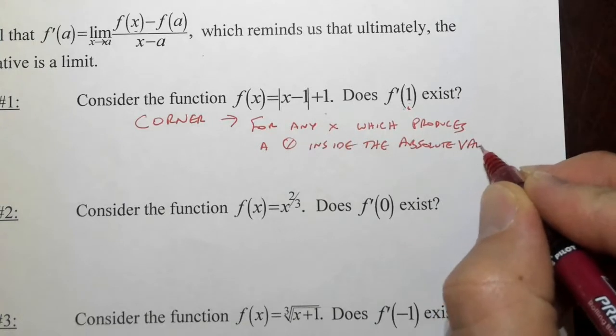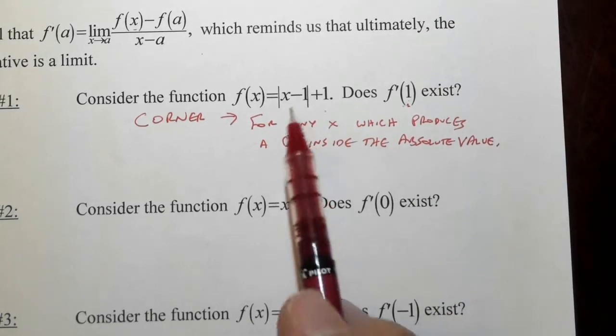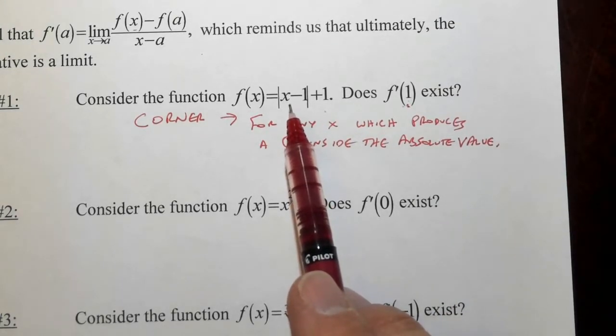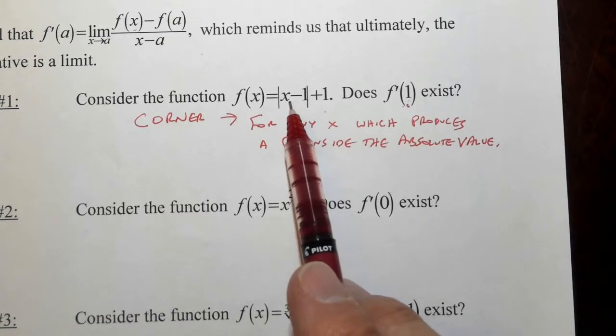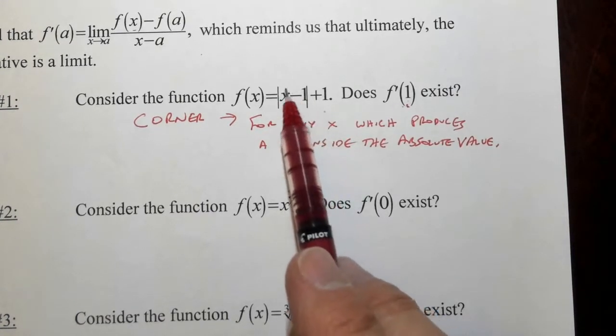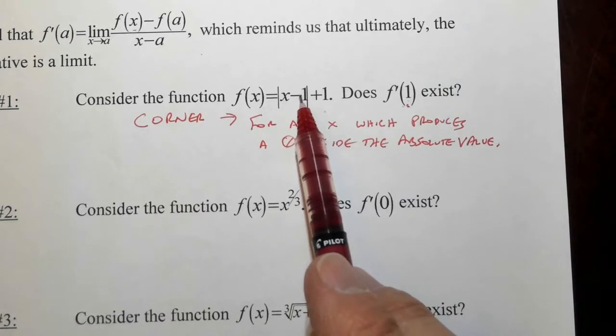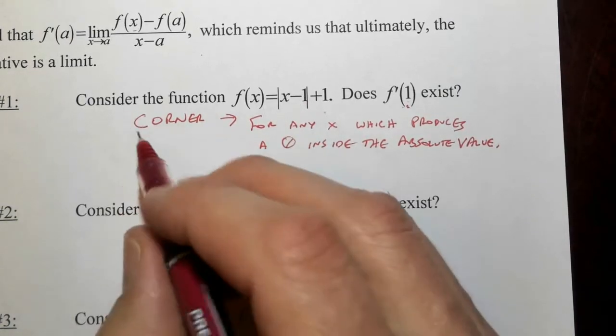So what we know here is that we have x minus 1 inside the absolute value. What value of x will cause there to be 0 inside this spot only? 1. So therefore we have a corner at x equals 1.